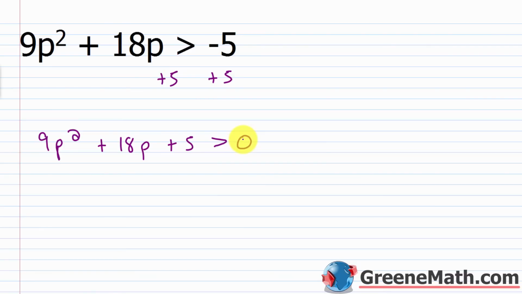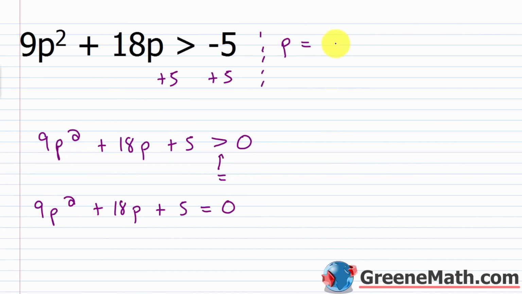Okay, again, all I want to do is replace this with equals. And so I'd have 9p squared plus 18p plus 5 equals 0. So to solve this guy, again, I can use my quadratic formula. So I can say that p is equal to the negative of b. b is 18, so negative 18, plus or minus the square root of b squared. 18 squared is 324, minus 4 times a is 9, times c is 5.